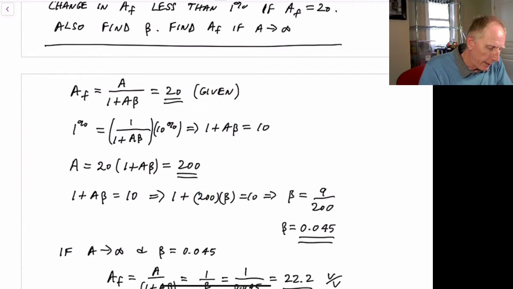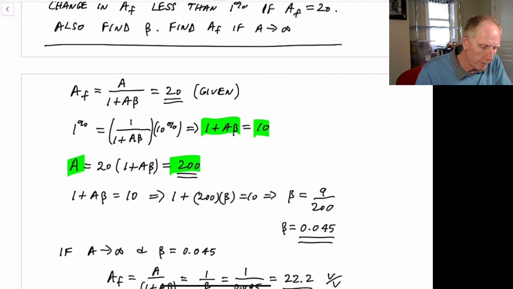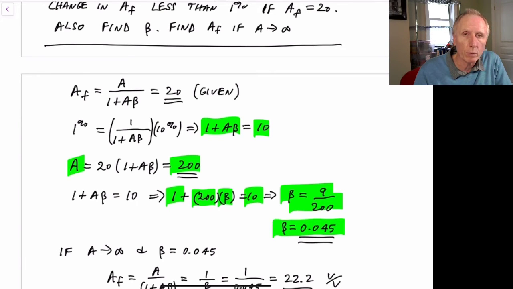So we have that A is equal to 200 and 1 plus A beta is equal to 10. And we can put those two together and we have that 1 plus A beta should equal 10. We can solve for beta, and beta must equal 9 divided by 200, or beta is equal to 0.045.